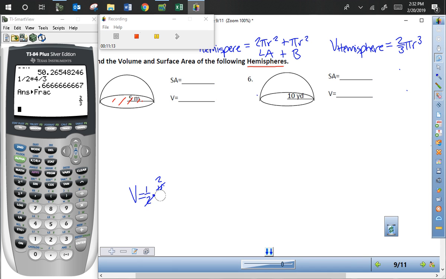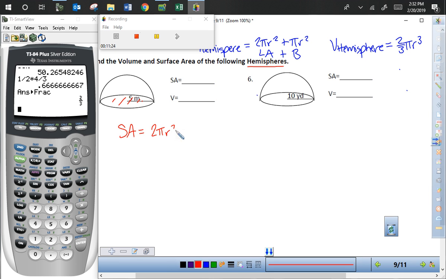Now that we have those, let's go ahead and find each. So surface area. We have to do 2 pi r squared and then plus pi r squared. R here is given to us as 5, so we can just plug stuff in. 2 pi times 5 squared, and then plus pi times 5 squared again.